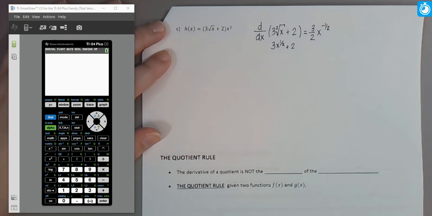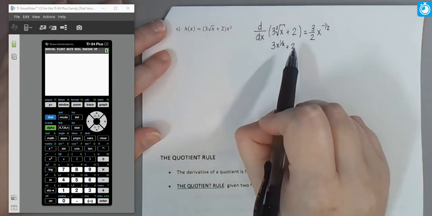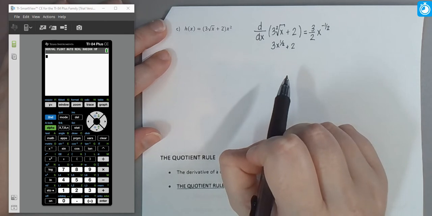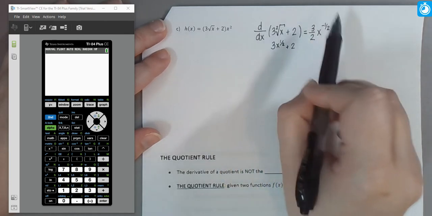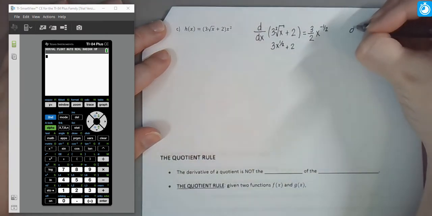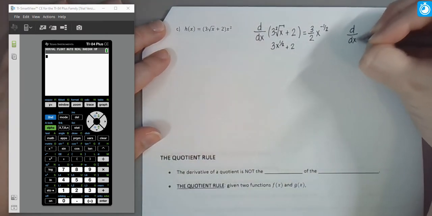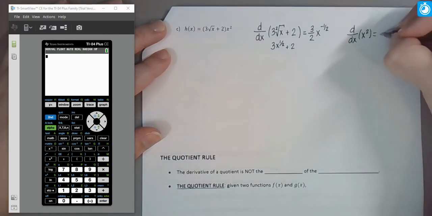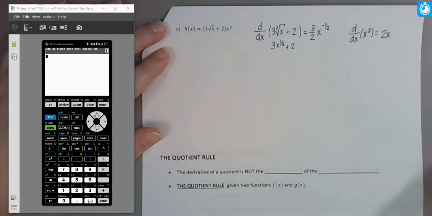Once we actually plug things into the product rule formula, we'll simplify from there if we need to. Now we need to also differentiate our second term, but the second term is a constant. We know we take the derivative and it goes to 0. So that's going to be our derivative for our first expression. The derivative with respect to x of the second expression, which is x squared, is just going to be 2x.